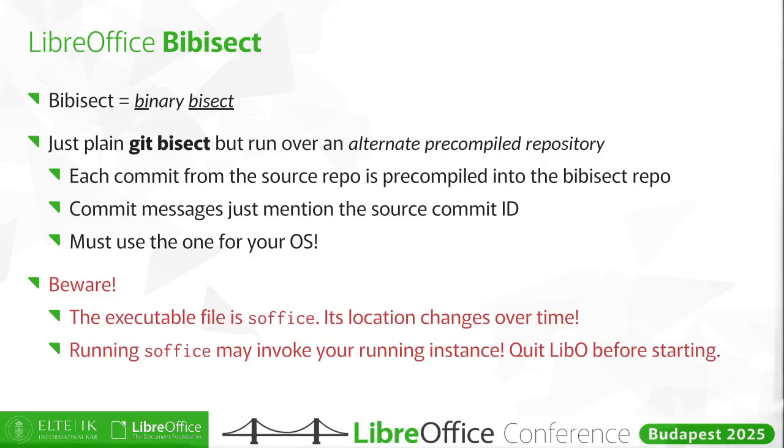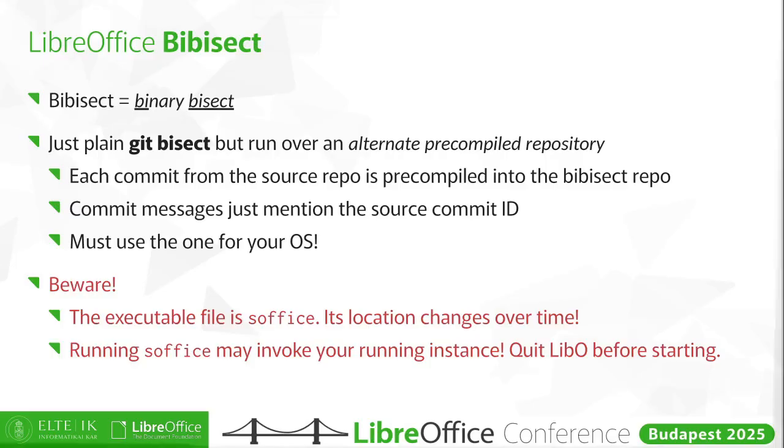Be careful that the executable file is soffice, but it may be in a different location per commit. Okay? So it may change over time. Just make sure you find the right soffice before you do it.